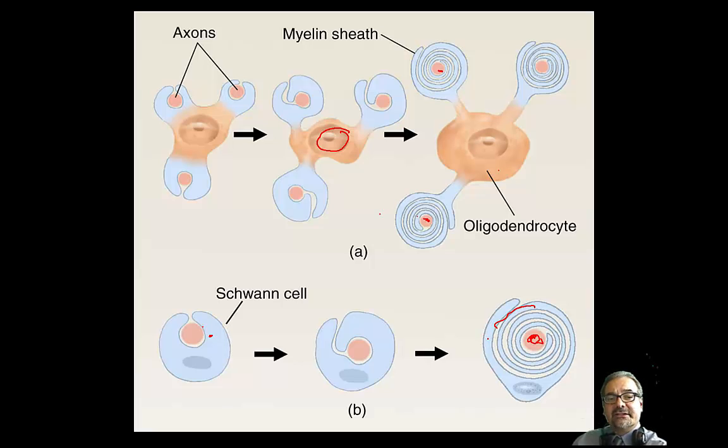The clinical implication is that inside the brain, if there is axonal shearing or some sort of injury to an axon, the axon could technically regenerate and try to find the target it was initially connected to.